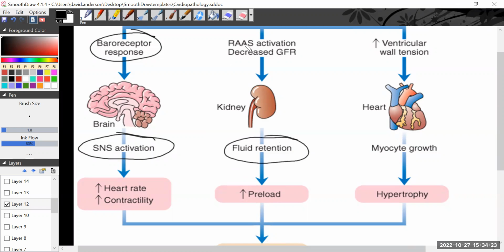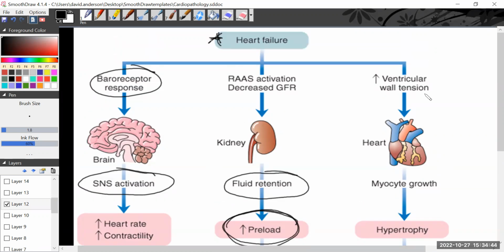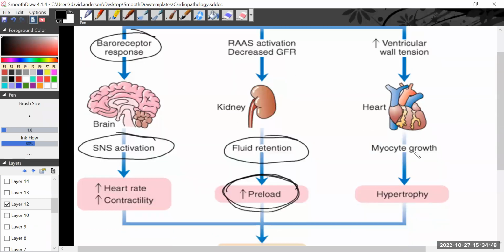We're going to activate the renin-angiotensin pathway because of the low flow to the kidney and encourage the production of aldosterone and angiotensin II that promote fluid retention and will increase blood volume. By definition, we're going to increase preload. If we do increase preload, we're going to increase ventricular wall tension. That's going to promote myocyte growth.